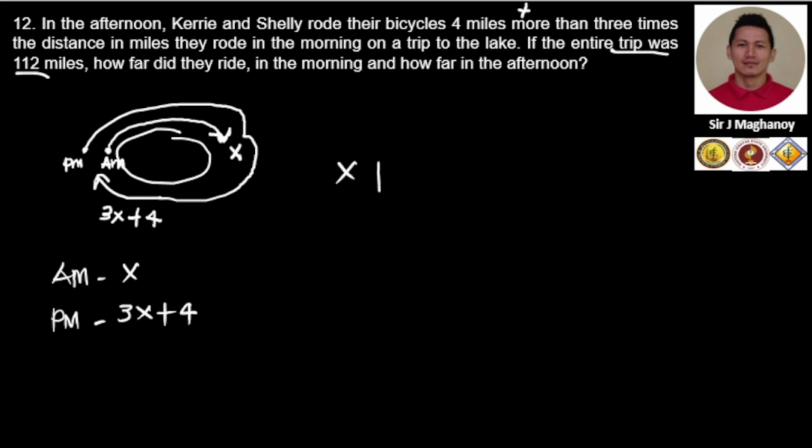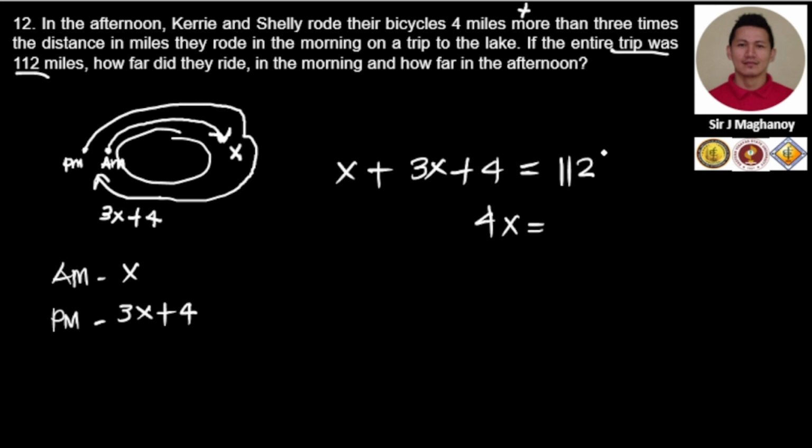So if we write our equation, x in the morning and in the afternoon, that is 3 times the distance they rode in the morning, that is 3x, plus 4 miles more, plus 4, entire trip is 112 miles. That is 4x.